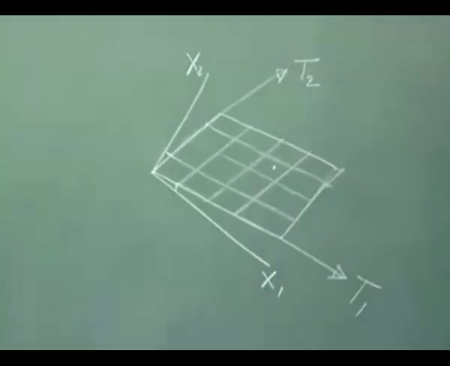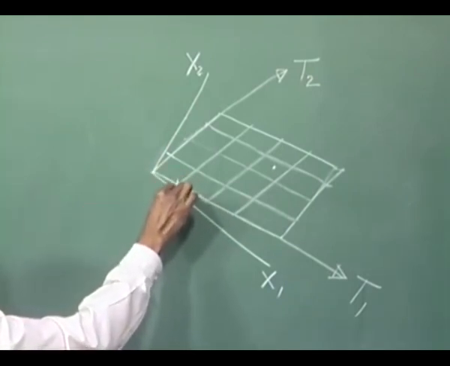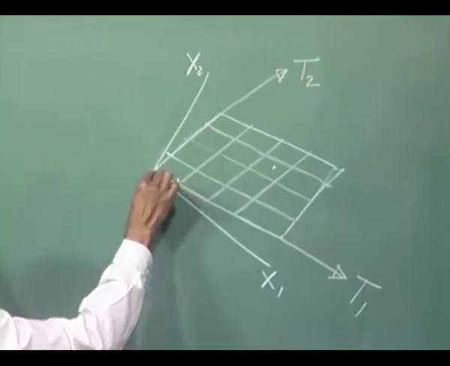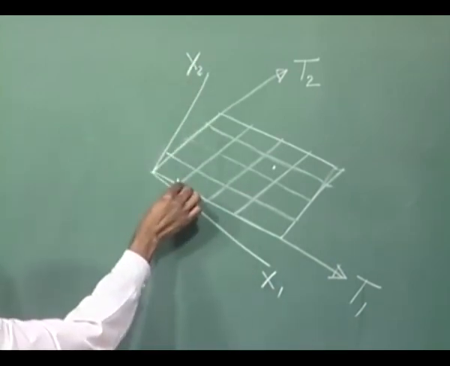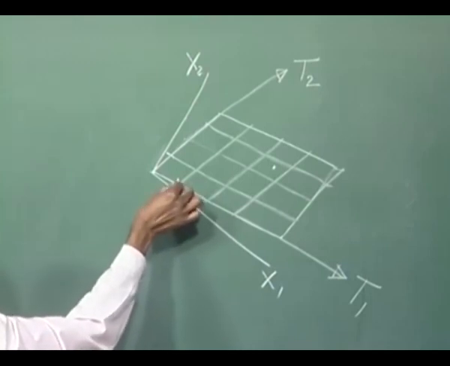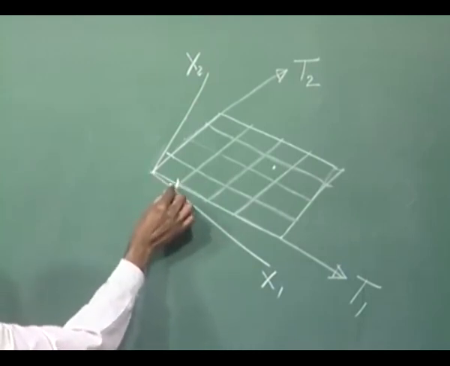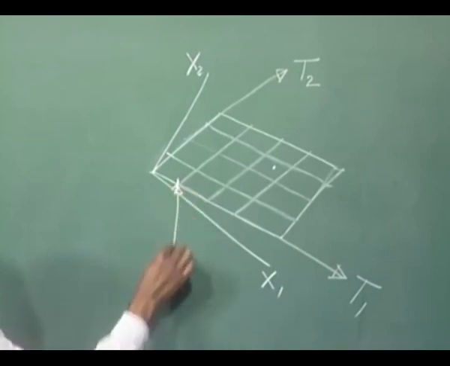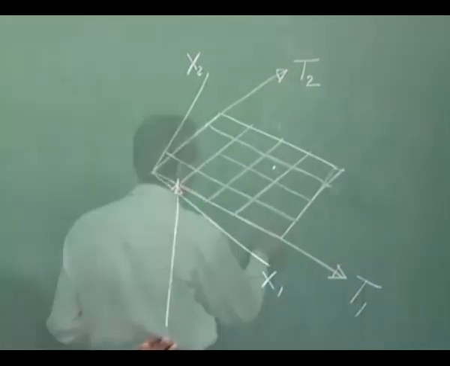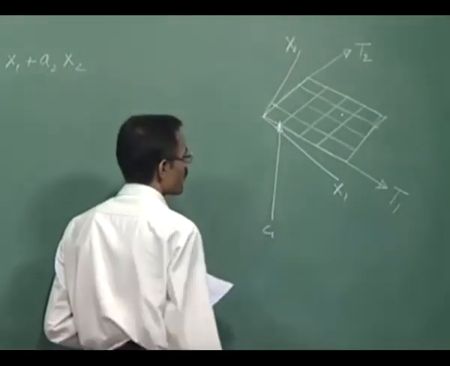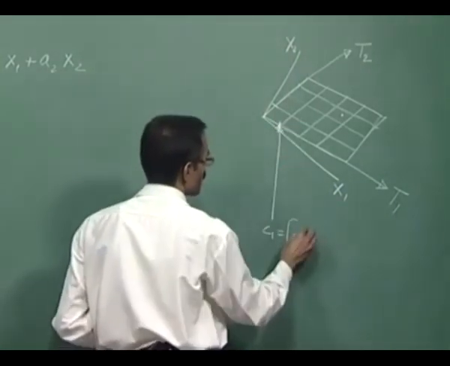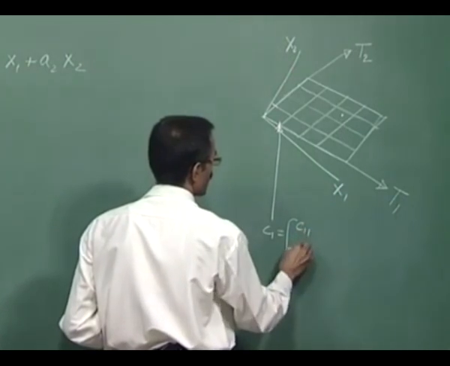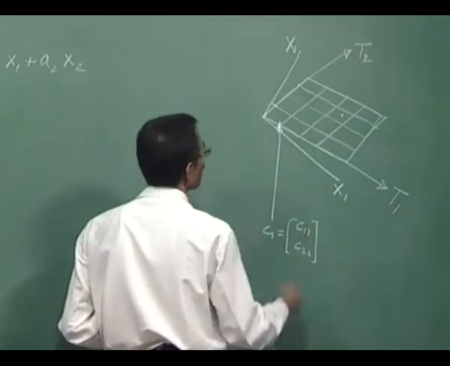So first we need to know the description of the units of the table system in the original x1 x2 system. For that we take this unit and ask how much it is from here to here. This point in the original system is described by a vector c1, which is this much along x1, this much along x2, like this.